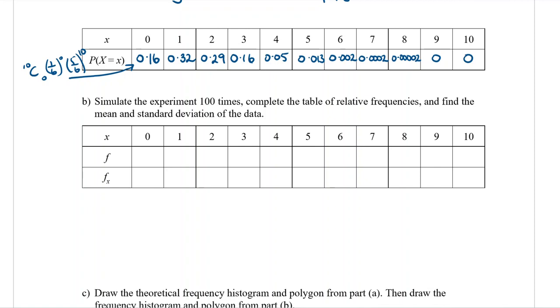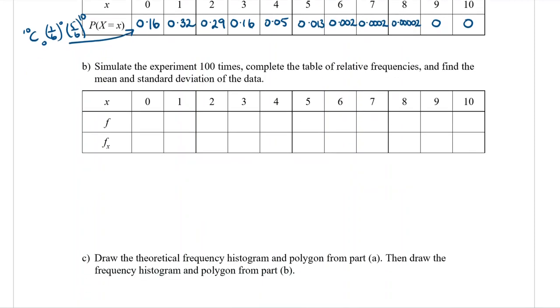All right. Simulate the experiment 100 times on a computer. And I'm just going to tell you my simulated results because we're not going to do that. So I had 11, then 28, 31, 21, 9, and then nothing for the rest of them.